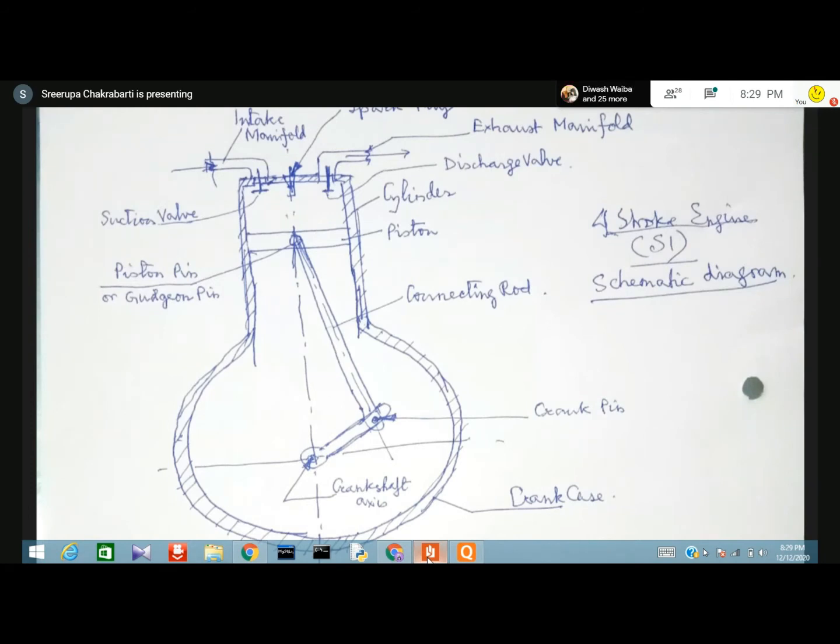So when the piston, just imagine, suppose you are the piston. When you are going upward, you reach the end of your journey, and then you have to come downward. It's not possible instantaneously. Though we are thinking it's instantaneous, but there is a point where the velocity has to change.